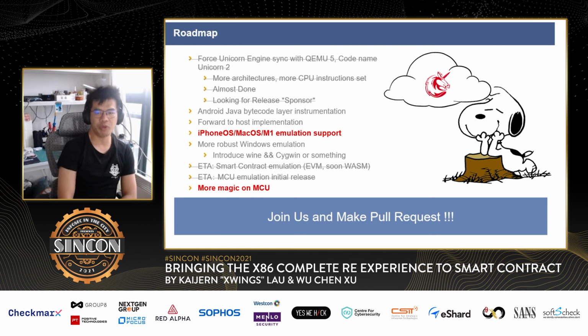We released the smart contract engine, EVM, and I heard there are some other groups working on WASM, so hopefully we'll be seeing that engine real soon. We released the MCU engine, and we are still working on a lot of stuff on MCU. So please feel free to join us and give us more pull requests on the project.